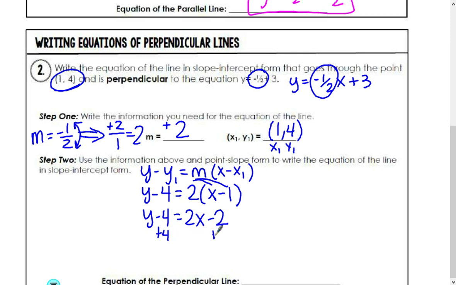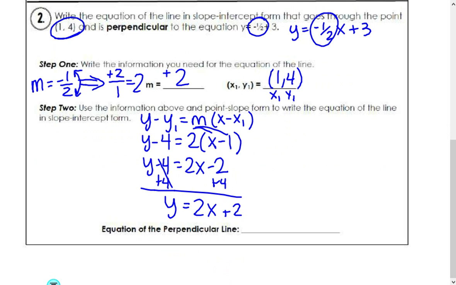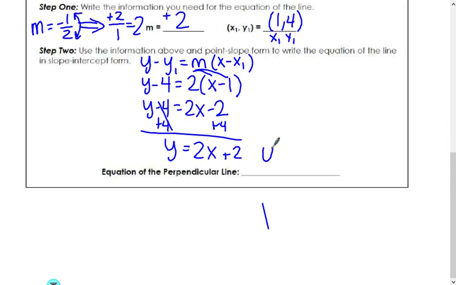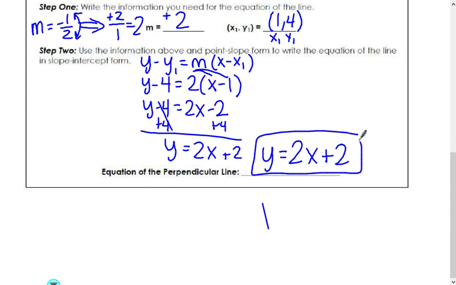Add that 4 over. And we end up with y equals 2x plus 2. And then again, plug these in your calculator. Make sure that they are perpendicular lines. On to the back.